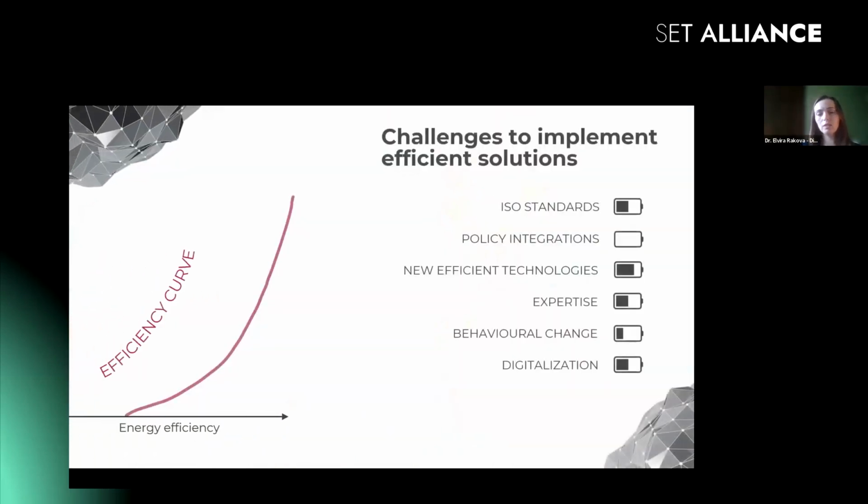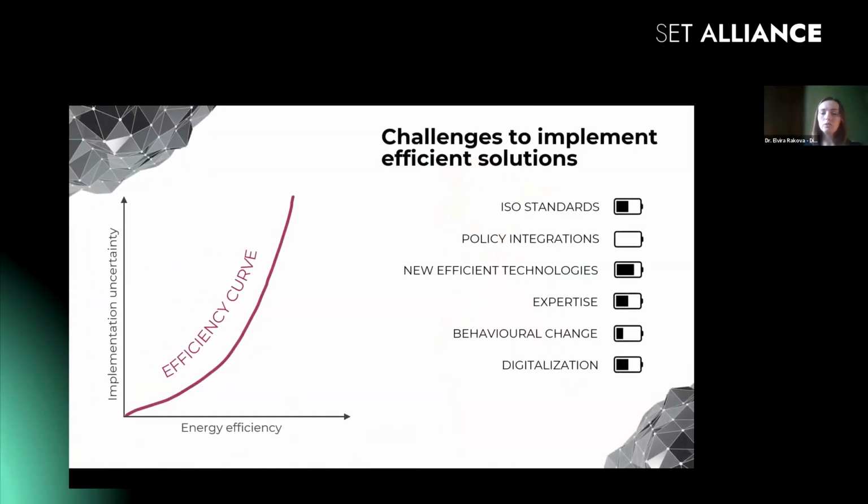And risk for them is uncertainty. So I call it the efficiency uncertainty curve. The higher the energy efficiency performance is, the harder it is for factories to implement it. They just have a fear of implementing a new efficient solution, new efficient design or approach, or anything else.